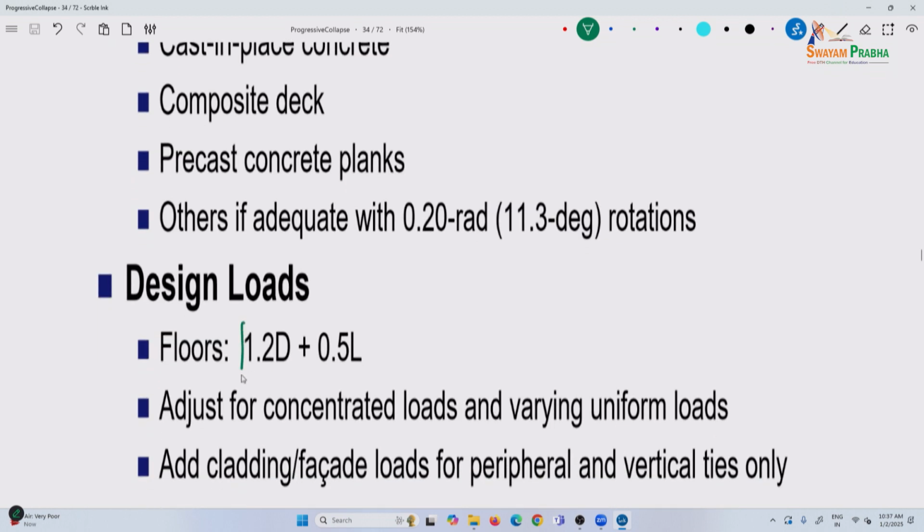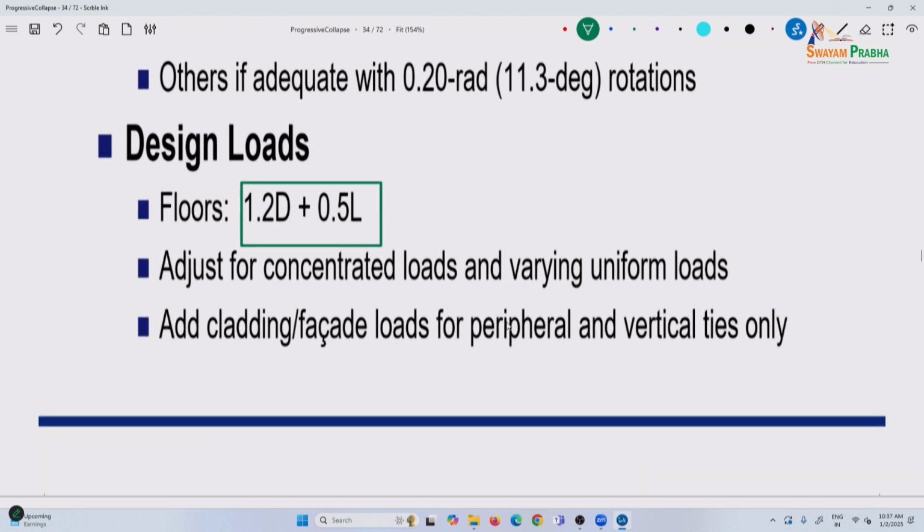So the design loads for floors are considered with our normal load combination, with one dead load and half live load. Adjust for concentrated loads and various uniform loads. Now add cladding loads. We will see it in the example for the peripheral and vertical ties.